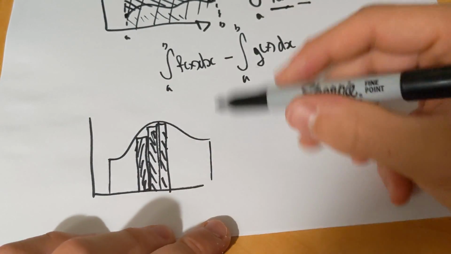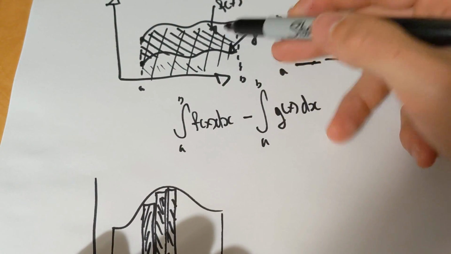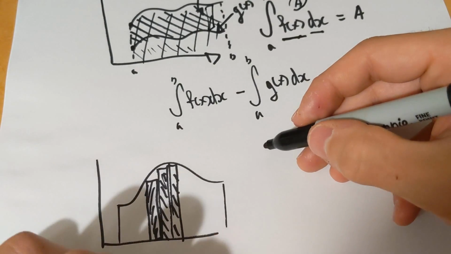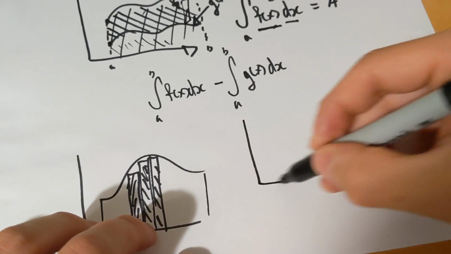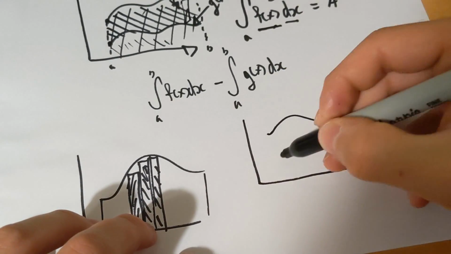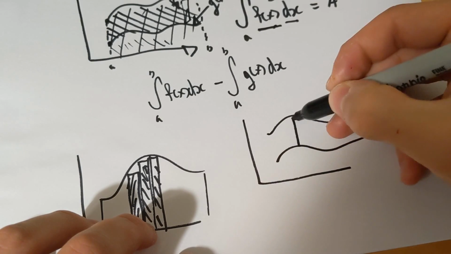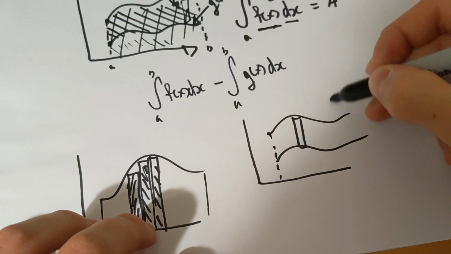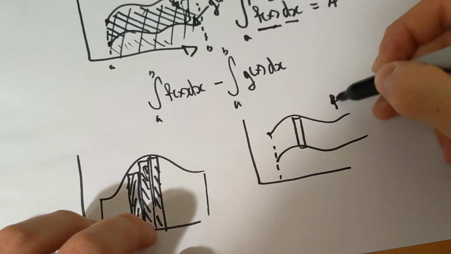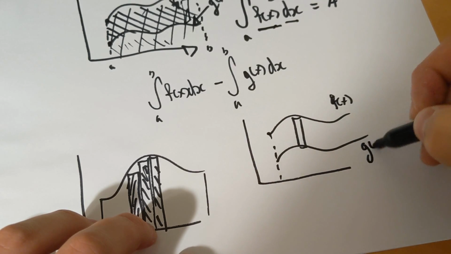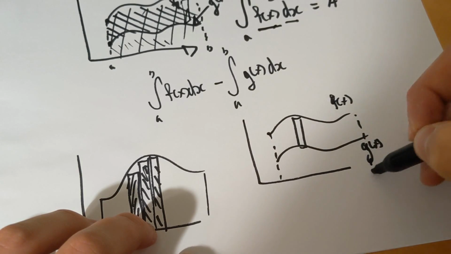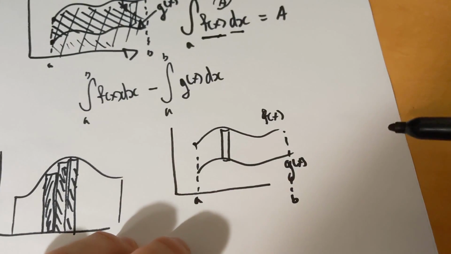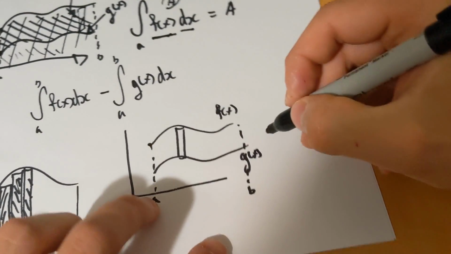So another way to think about this, the area between two curves, is using these rectangles. So draw the rectangle if you were to do it this way. So this is f of x, this is g of x, b, and this is a. Okay, now think about this.